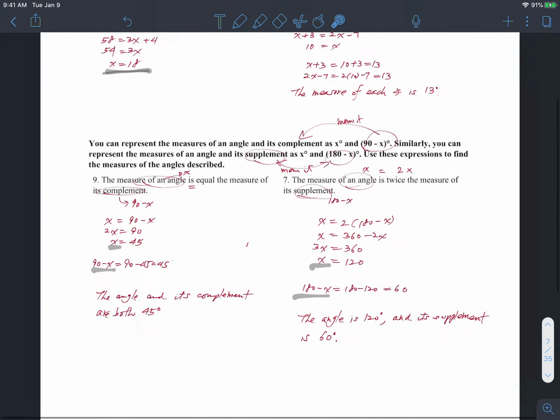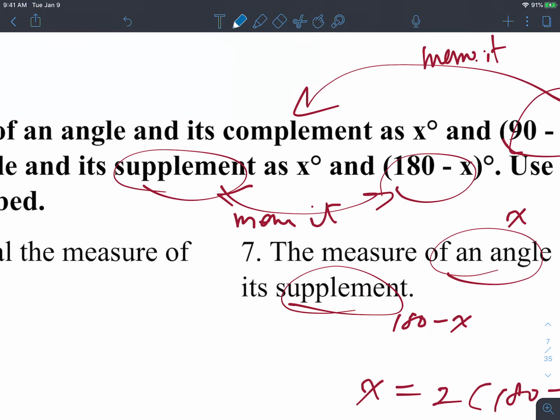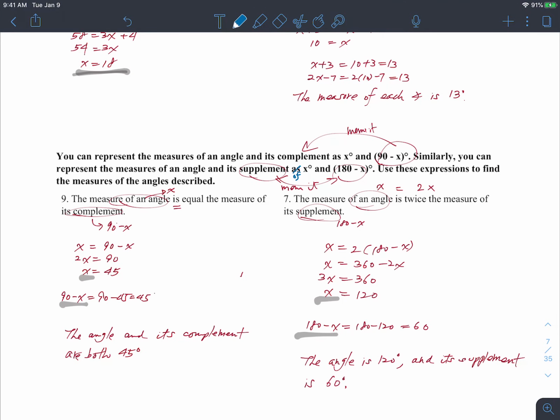Here it goes. So the bottom two questions. Basically the way you write the complement of an angle, right? The angle is x and its complement is 90 minus x. You need to memorize that. And then you have an angle and the supplement of an angle. Whoopsie, guys. That really should say of. My apologies. And the supplement of the angle is 180 minus x, right?